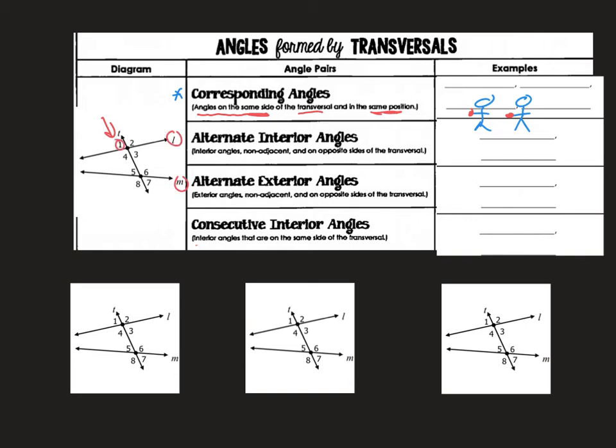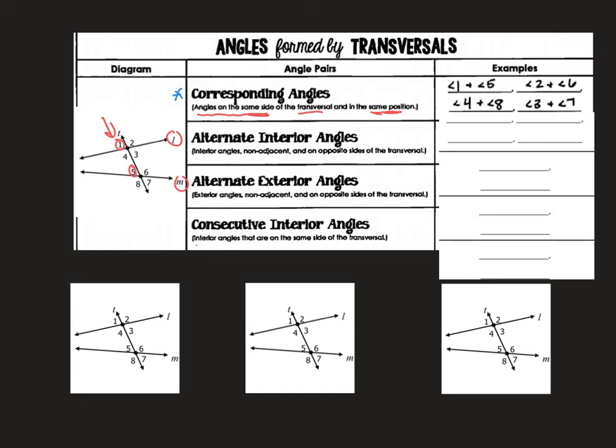So 1 is to the left of the transversal and above L. 5 is to the left of the transversal and above line M. So angles 1 and 5 are corresponding. Now, as you notice, so are 2 and 6, 3 and 7, and 4 and 8. And so how do I know that?